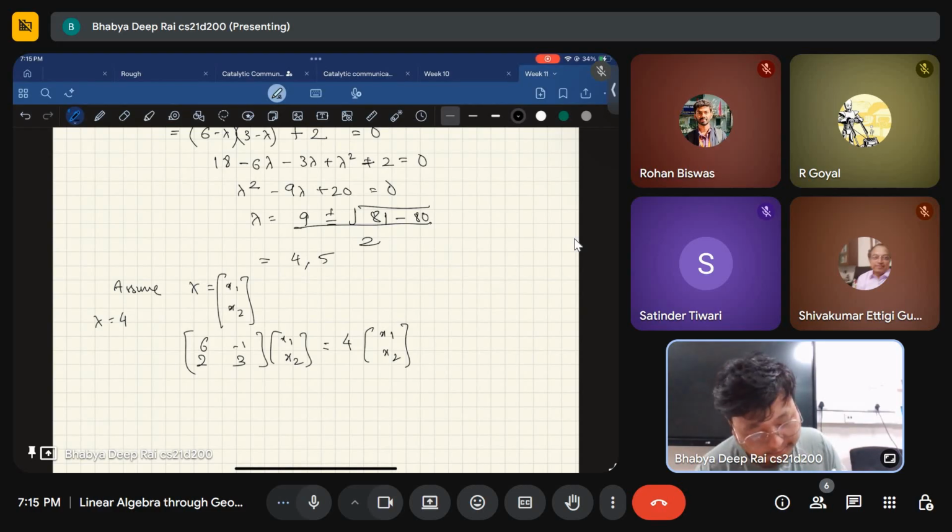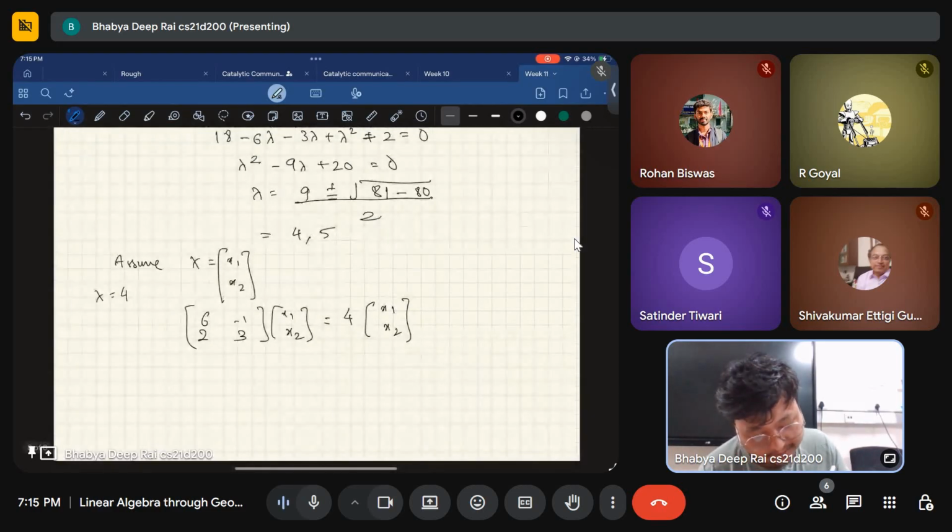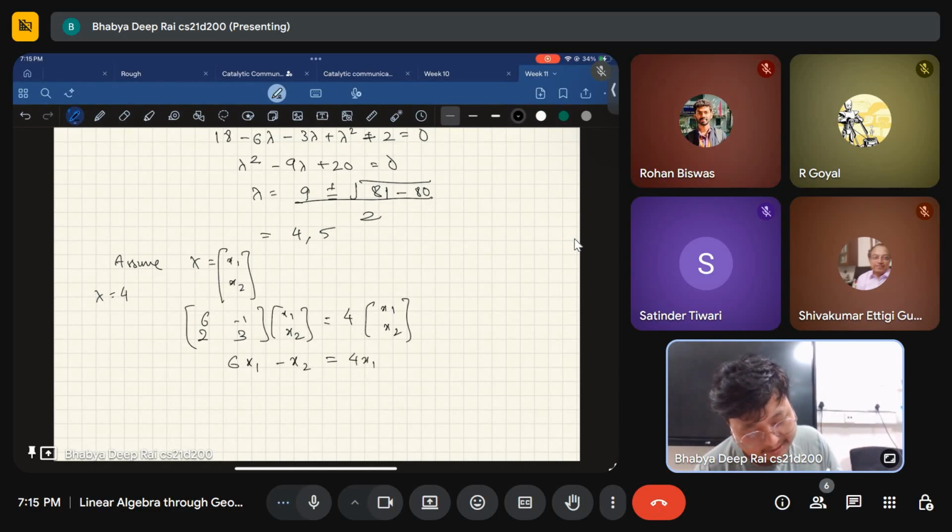Now what I get is 6x1 minus x2 equals 4x1, and 2x1 minus 3x2 equals 4x2, right?